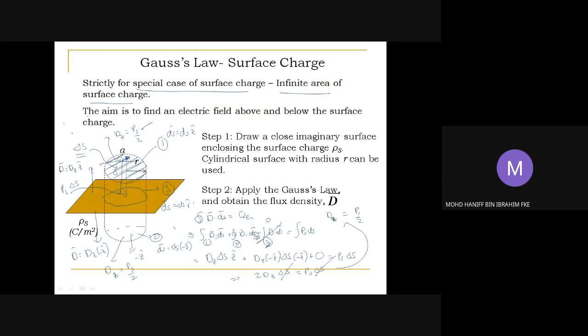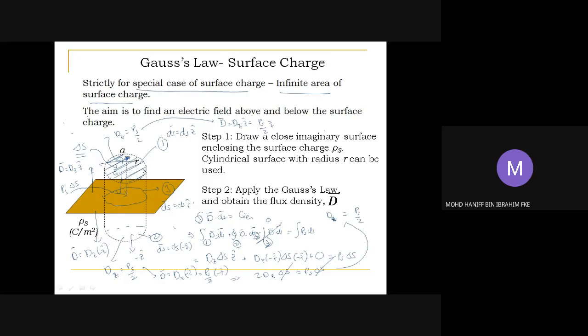So for the top surface, your D vector will be rho s over 2, direction of z. And for the bottom surface, your vector D will be rho s over 2, direction of negative z, because the flux will be pointing downward.